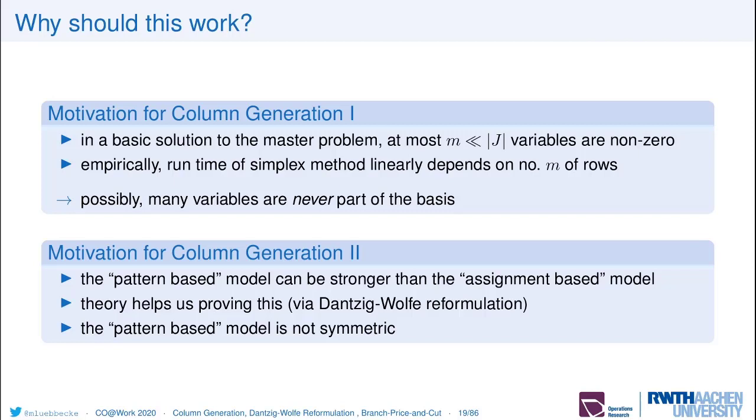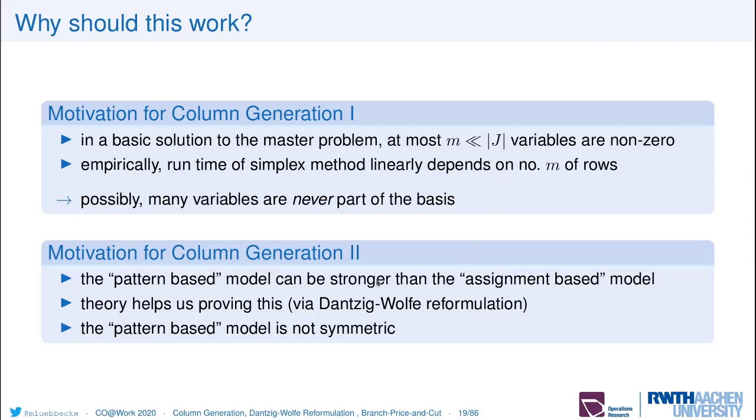I have many variables, yes, but most of them are non-basic, so at value 0, so I don't need them in the model anyway. So the hope is, because we know empirically that the runtime of the simplex method linearly depends on the number of rows, that I will never ever see most of the variables of the master problem in a basic solution. Okay, so if I don't see them in the algorithm, why should I have them in the model? So that is one rationale.